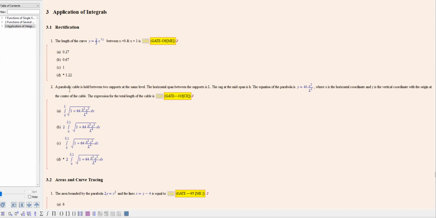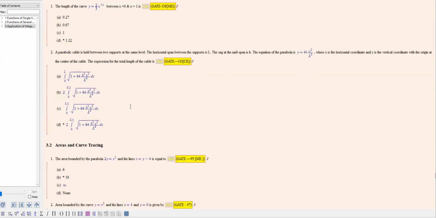One of the problems is a cable held by a parabolic cable, finding the total length of the cable. Again, it is a rectification problem. It is a simple math problem only, a rectification problem.